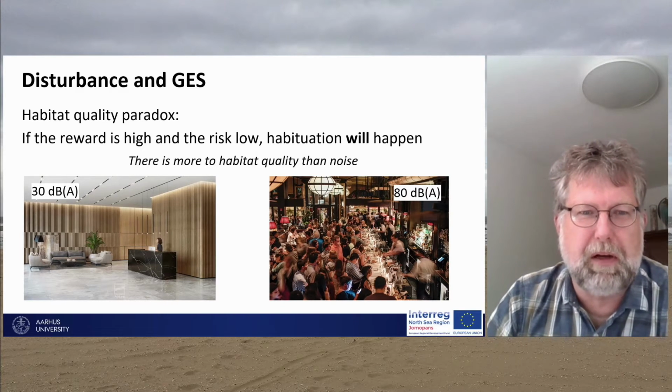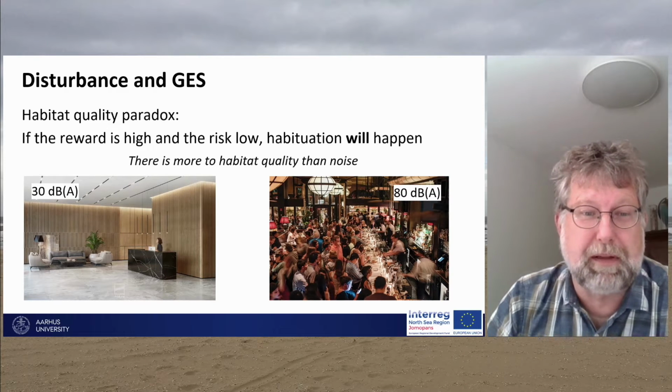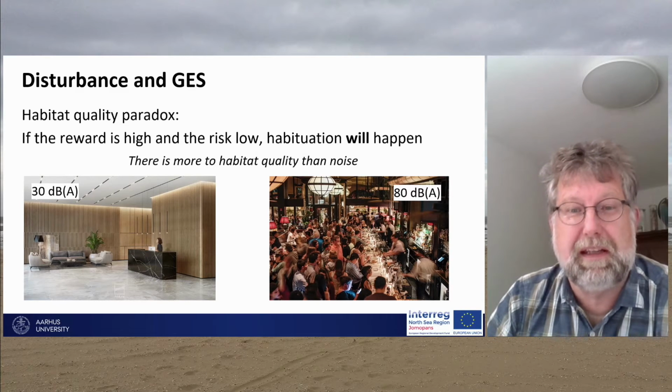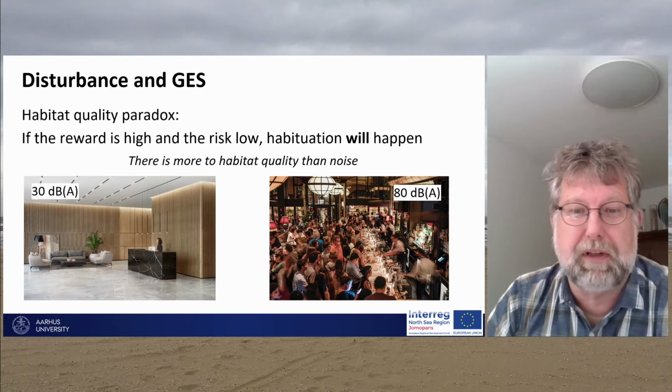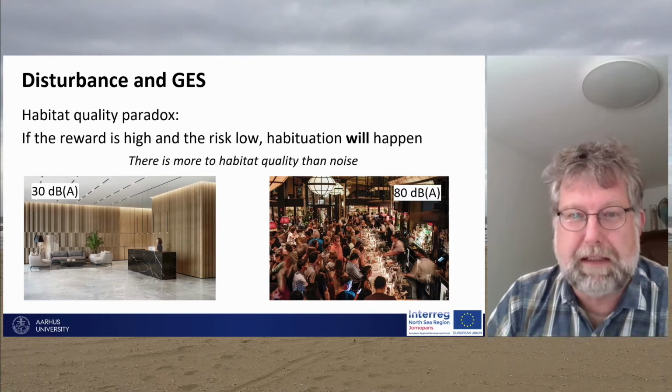We know this from ourselves very well: in the hotel lobby it's very quiet, but there are no people. It's not interesting. But in the bar, even though it's very, very noisy, that's where the drinks are, that's where the food is, and that's where there's possibilities to socialize and maybe even mate.